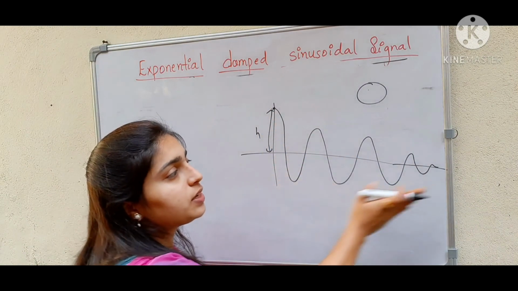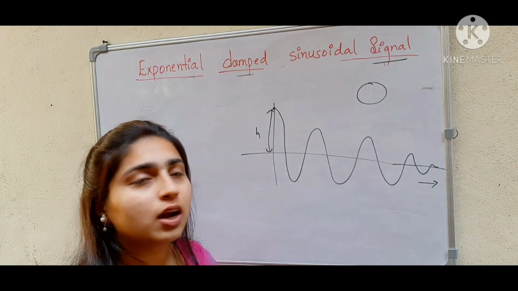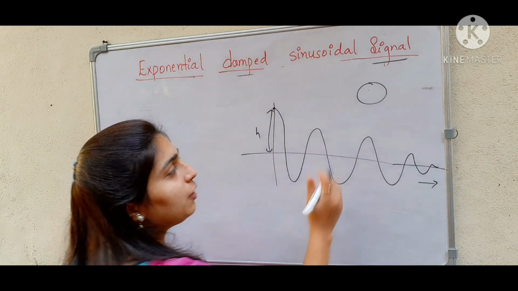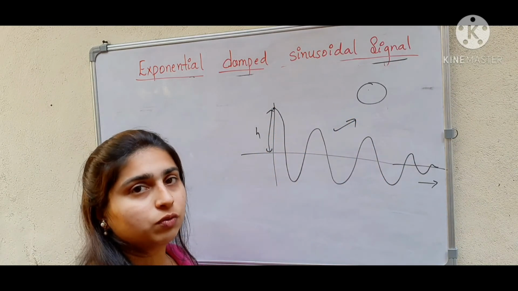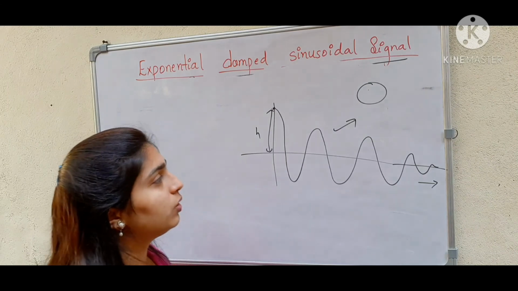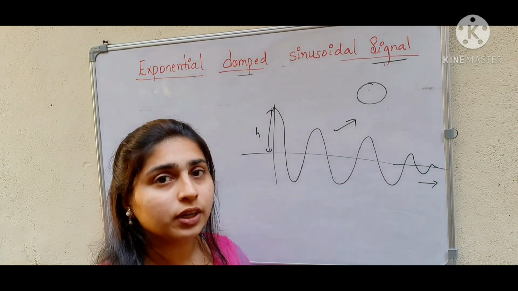It starts losing its energy, and finally it will be on the ground after some time. So that also follows the exponential decay curve, the bouncing tennis ball. So this is all about your exponential damped sinusoidal signal.